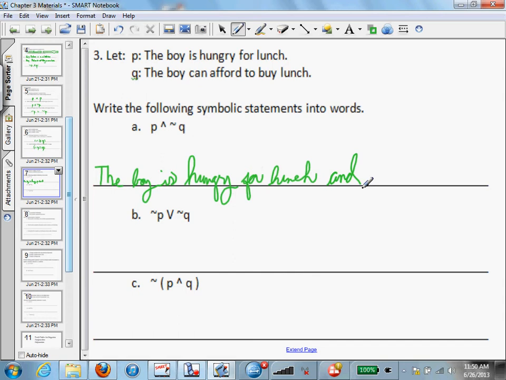And the boy cannot, we say cannot because of the negation symbol there, afford lunch.